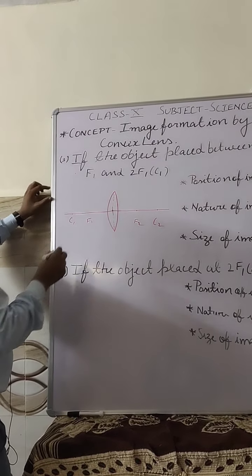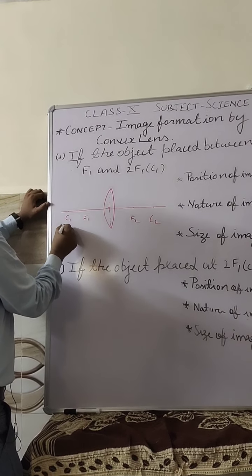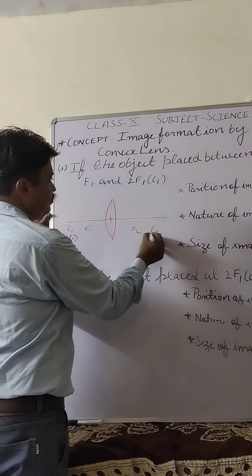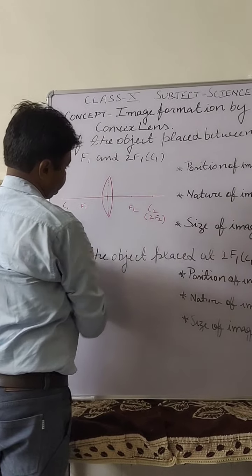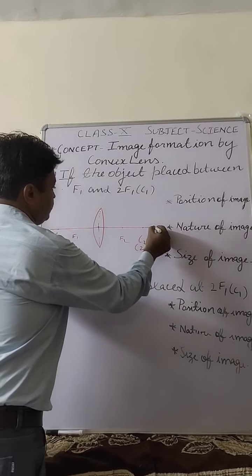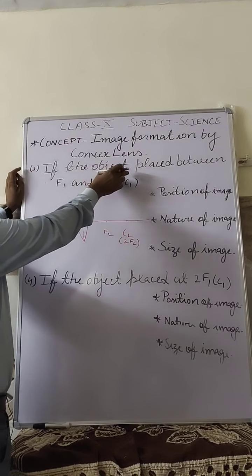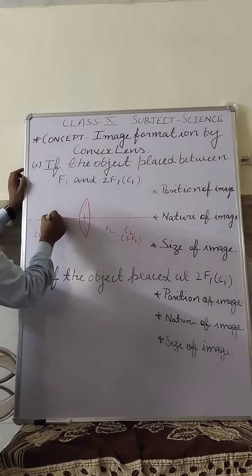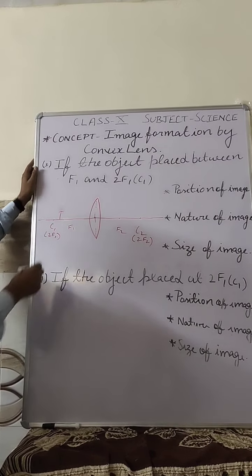Now in this, student, this C1 is also known as 2F1 and this C2 is also known as 2F2. Now here the object is placed between F1 and 2F1, means the object is placed here. This is the object.